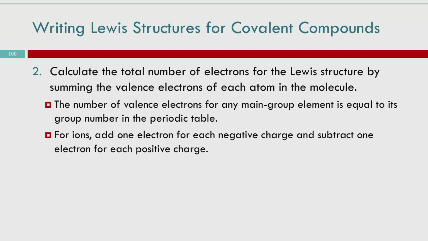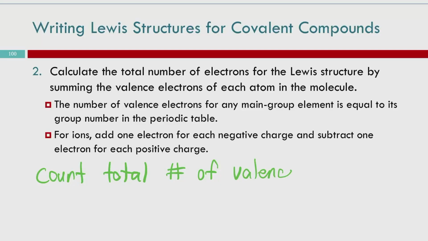So we're going to count up the total number of valence electrons, VE. This is all of the valence electrons. We do this by counting the number of individual atoms that we have, how many valence electrons each of those have. We do a little multiplication. We do a little bit of addition. And we usually end up with an even number.